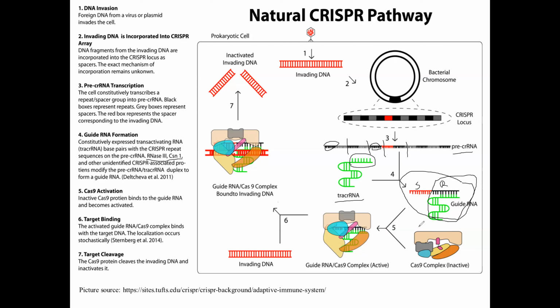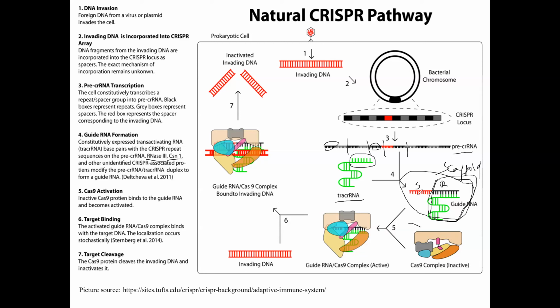The spacer sequence will be free outside, and therefore it's now available for binding to the DNA. Whereas this portion, the repeat and the tracrRNA, constitutes the scaffold. We call it a scaffold sequence because this region will be the same for every guide RNA.